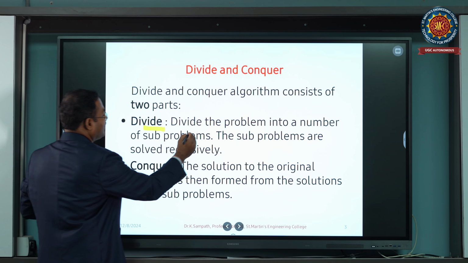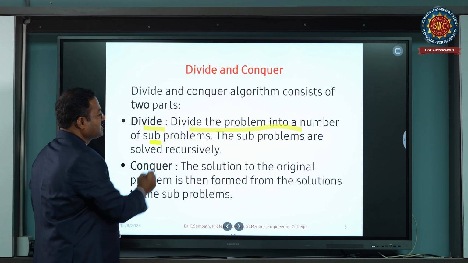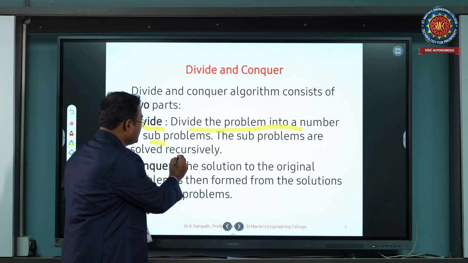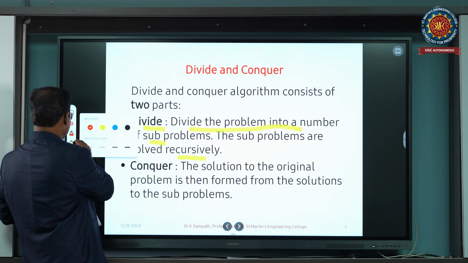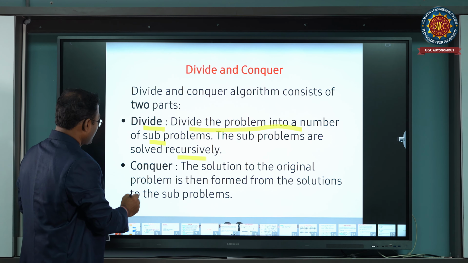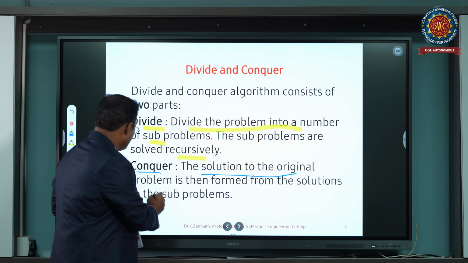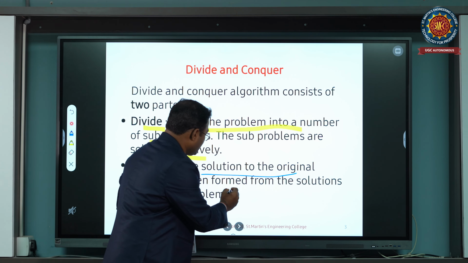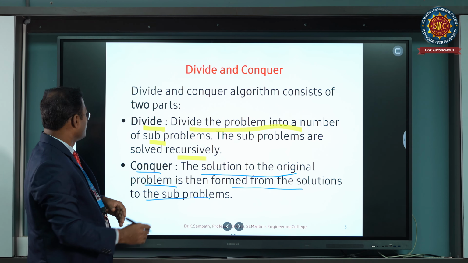Divide means we are dividing the problem into a number of subproblems. These subproblems are solved recursively. Conquer means the solution of the original problem is formed from the solutions to the subproblems. We are finding the solutions.